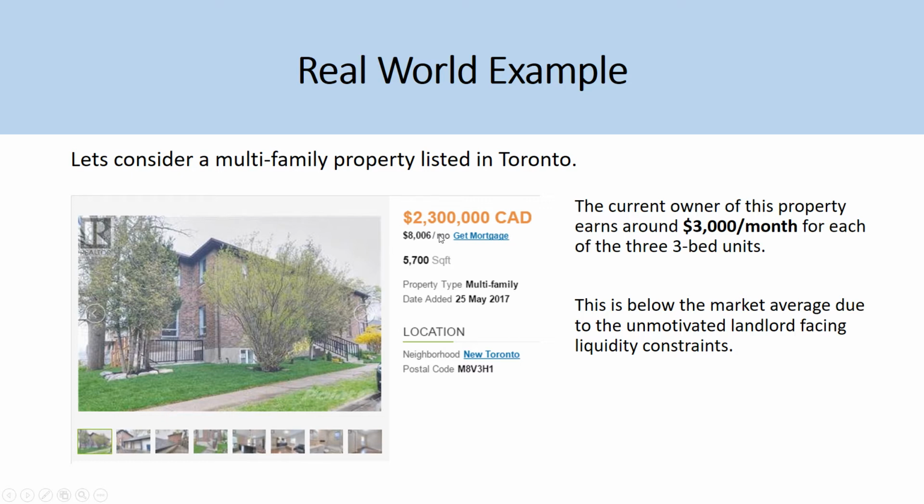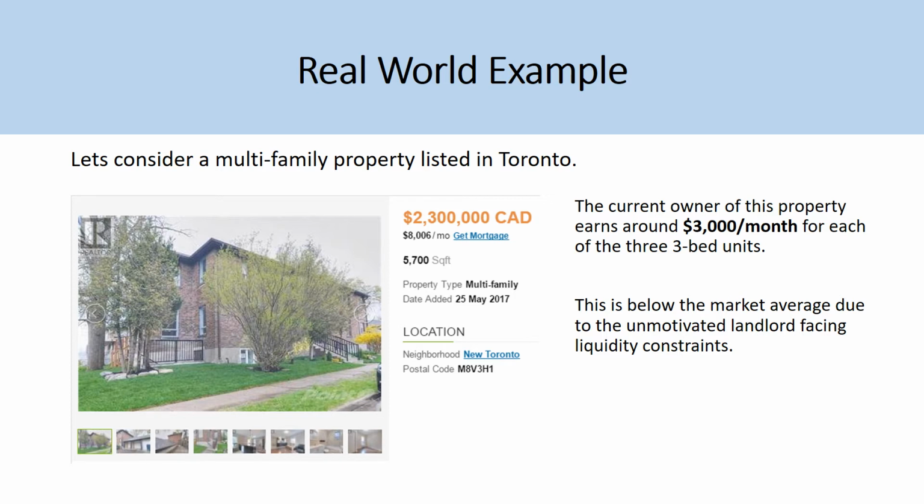And this site offers you the projected assumption that your monthly mortgage payment will be about $8,000. Now, just a little bit of background information on this income property. The current owner also initially invested in this property as an income opportunity to generate cash flow. And so the current owner earns around $3,000 a month for each of the three-bed units.